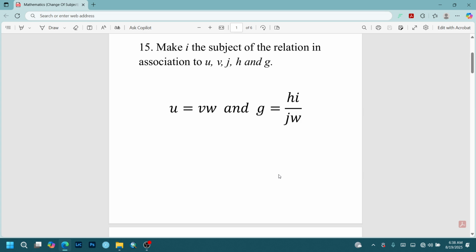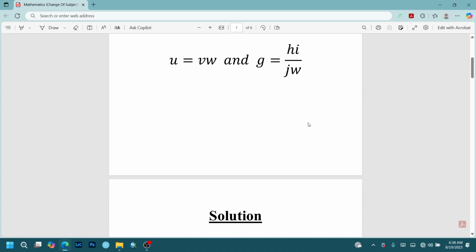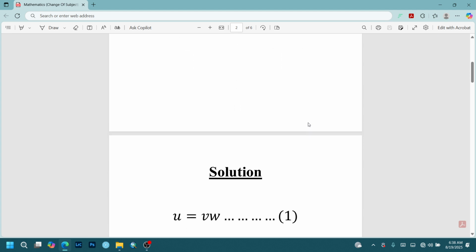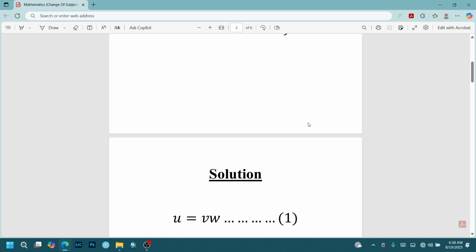So in tackling questions like this, you first solve for one equation, then you insert your answer into the other equation, right? So now our first equation given is U equals VW, right?